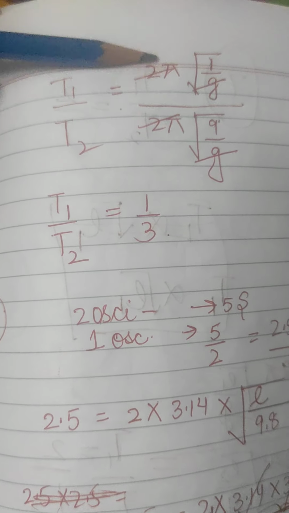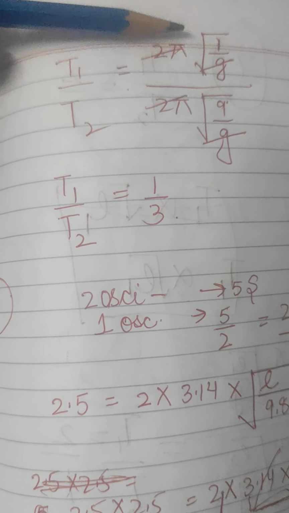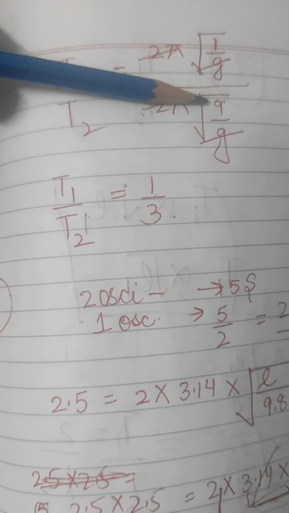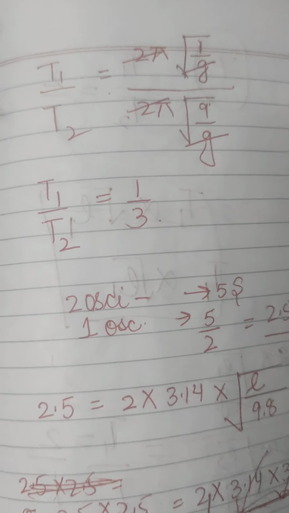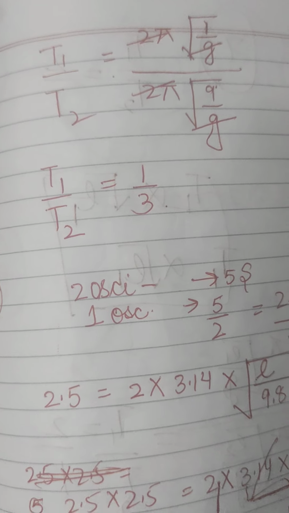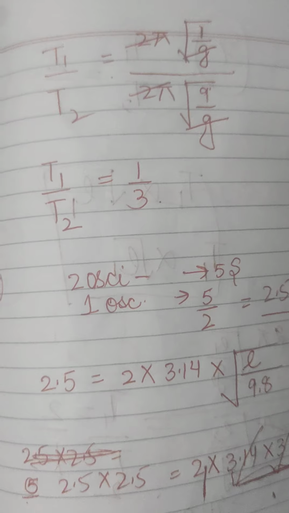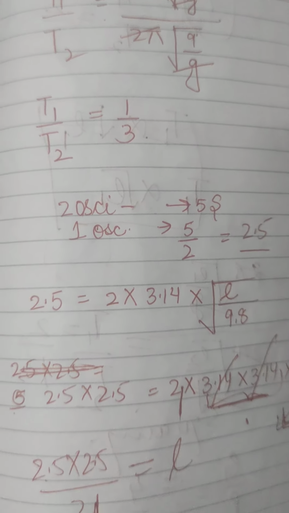T1 upon T2, 2 pi, value of L1 is 1, value of L2 is 9. Putting down all the values, this value comes in root 1 by 9. So when you take 9 out from the under root, it will become 3, and for 1 it will remain as 1. So the ratio of T1 upon T2 is equal to 1 upon 3.